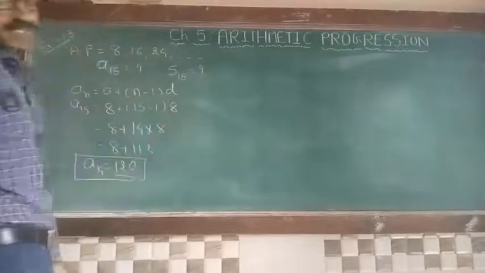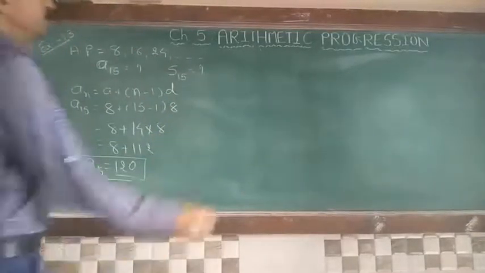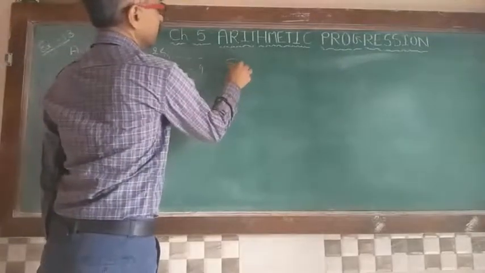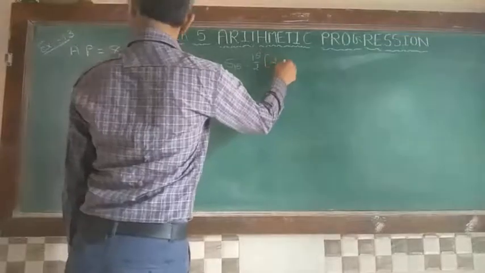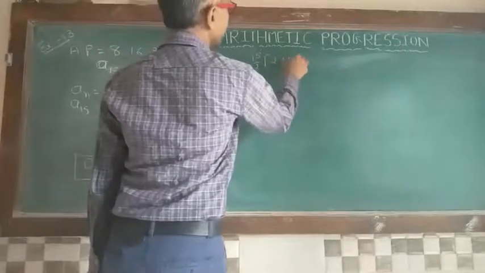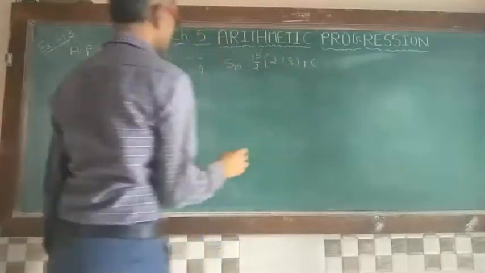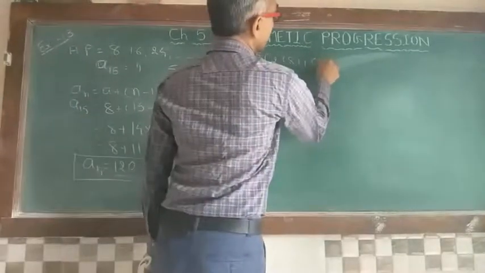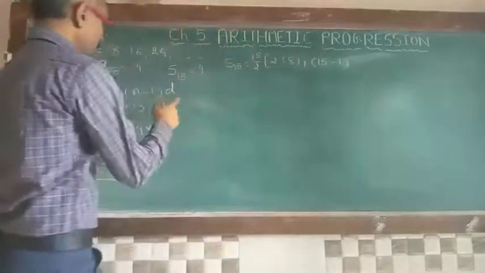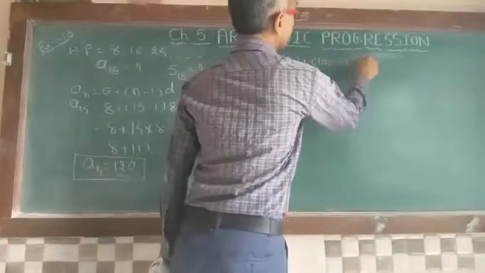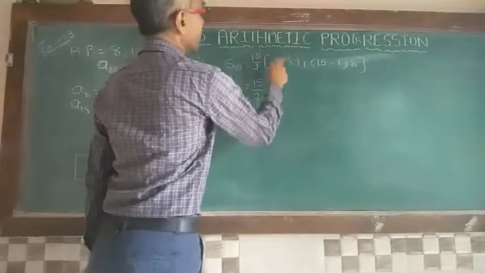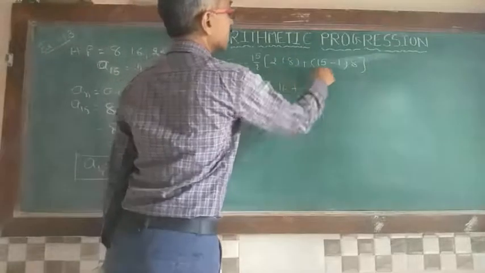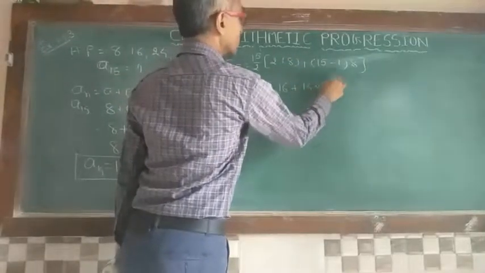Now you have to find the sum of the 15 terms. That means S15 = 15/2 × (2a + (n − 1) d). n is 15 − 1 and d is absolutely 8. So it is 15/2 × (16 + 14 × 8).